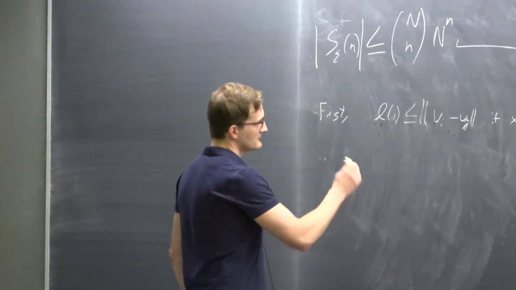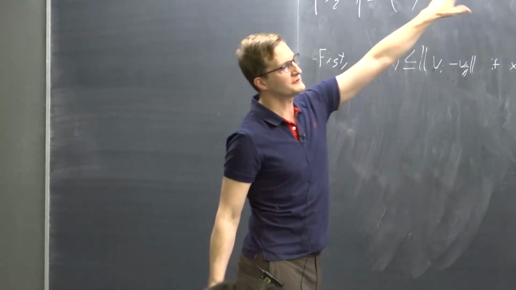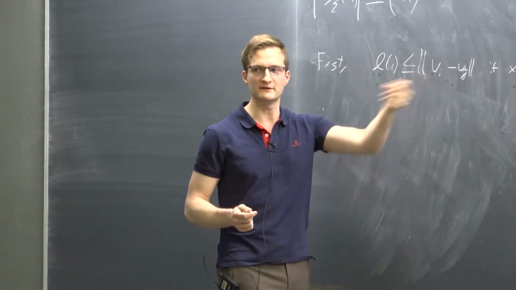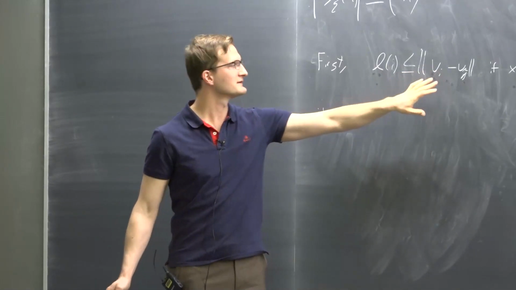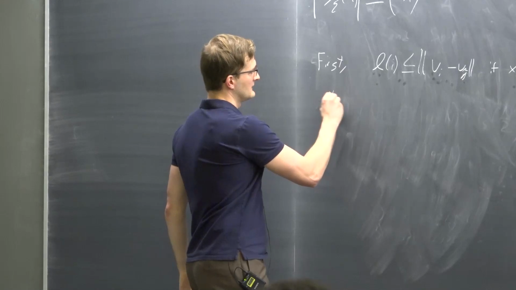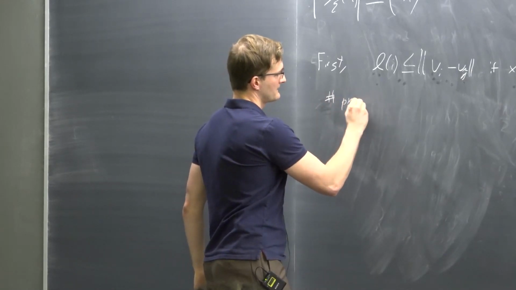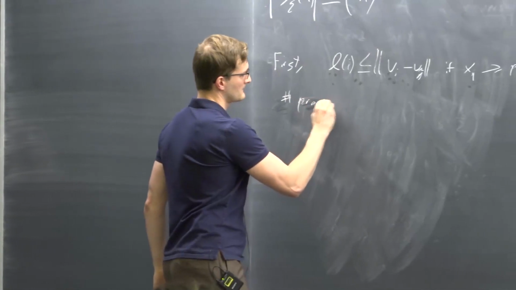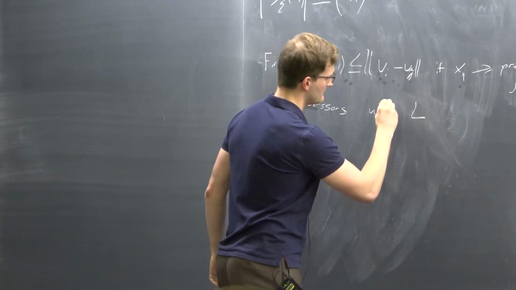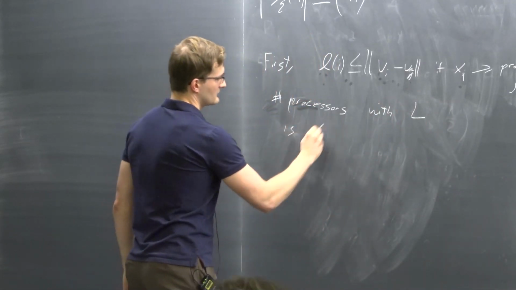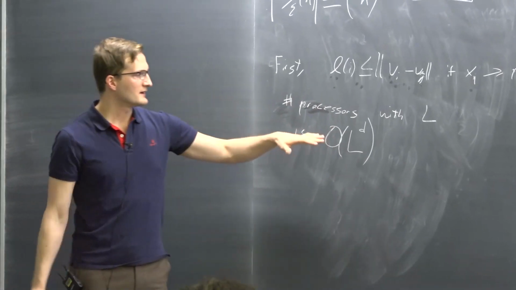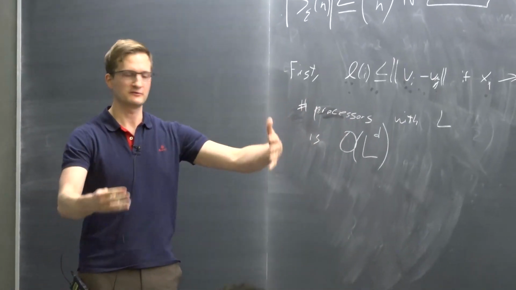And so this means that the total number of locations that I could take the ith list element and send it to is going to be bounded by how many processors are at distance L. So the number of processors within L, I'm going to just say this is big O of L to the D. The reason for that is I'm in d-dimensional space.